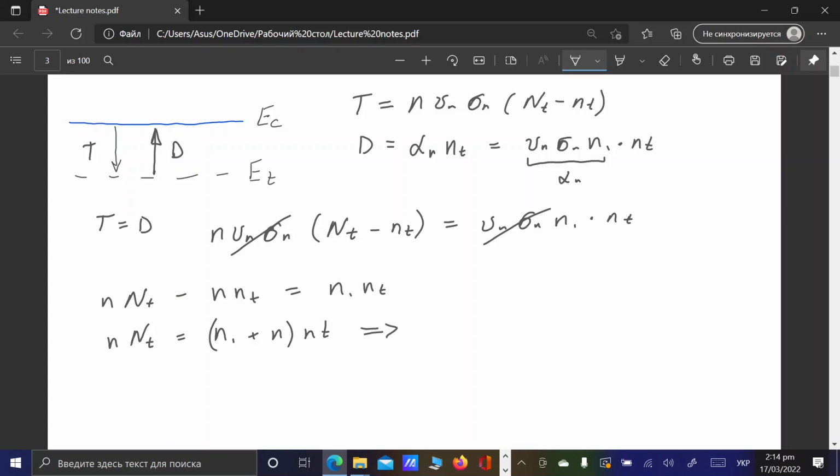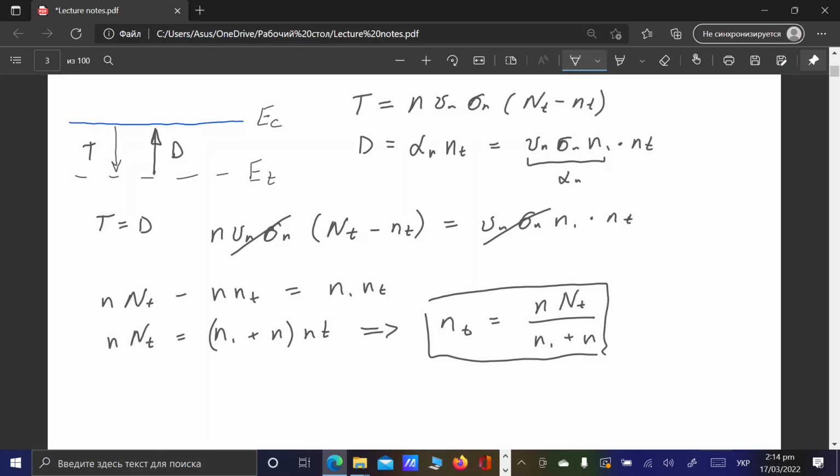And from here we can express concentration of charge carriers which will be trapped on this energy level ET in terms of total concentration of electrons in the conduction band, total concentration of defect levels, divided by the sum of N1, which is determined by position of this energy ET, plus again total concentration of charge carriers in the conduction band. So this is the expression for trapped charge carrier concentration.